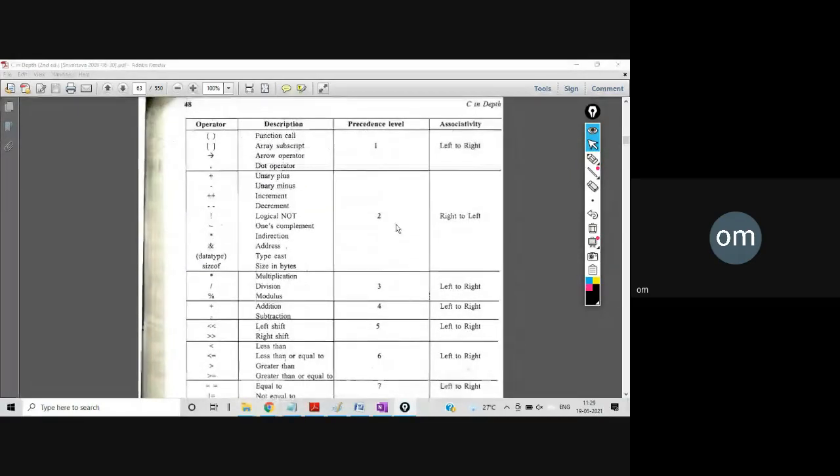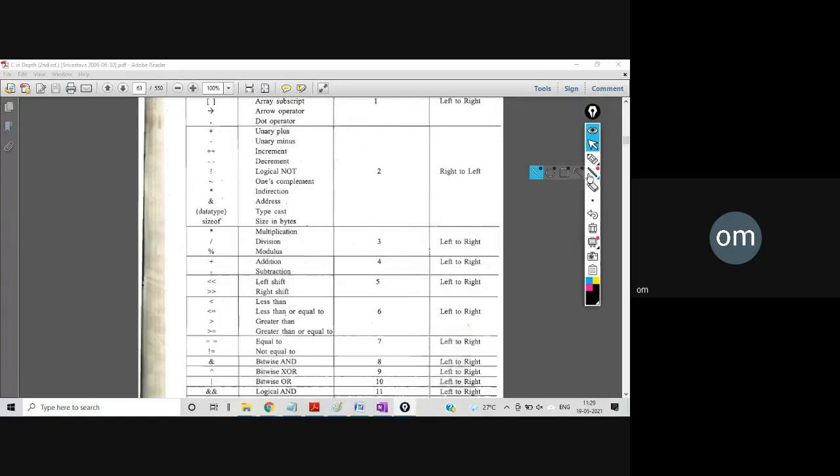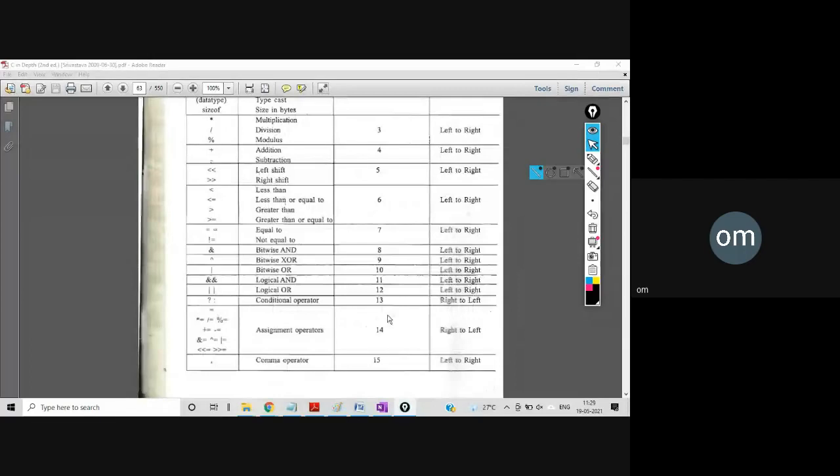Now the only thing remaining is associativity. For associativity, if you remember all these things, only for the second one, and the 13th and 14th, that is the conditional operator and assignment operators, the associativity is from right to left; all the rest is from left to right. So students, please remember: the conditional operator, that is the 13th one, and the assignment operator have associativity from right to left.